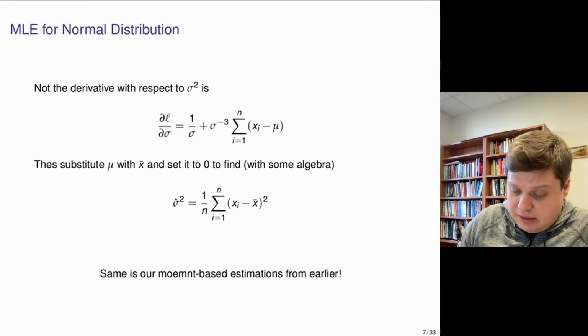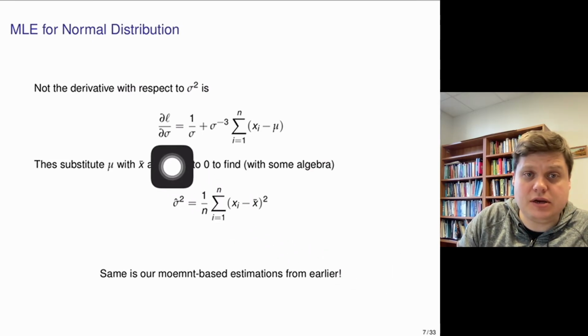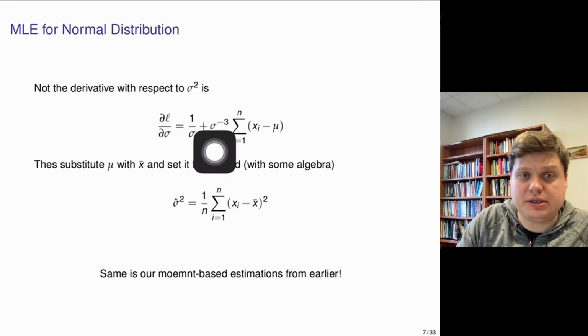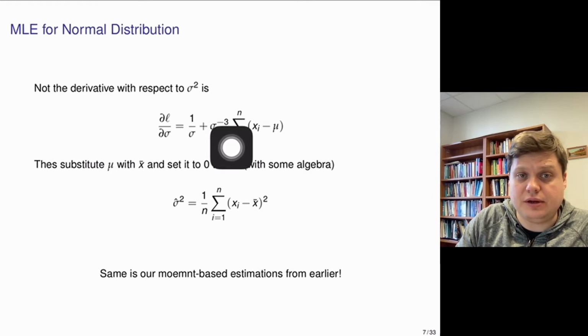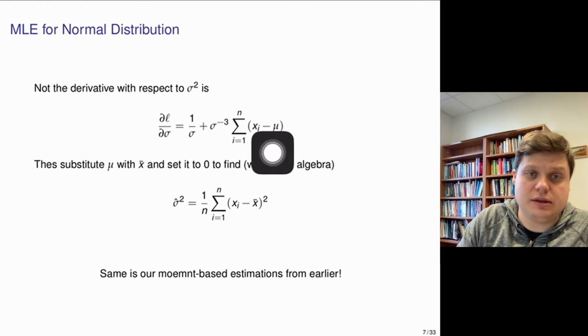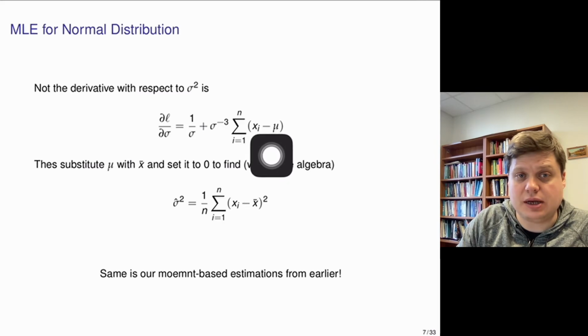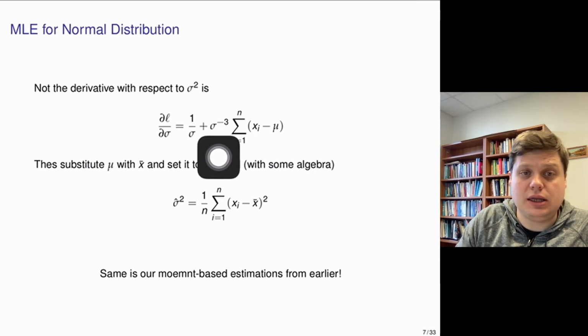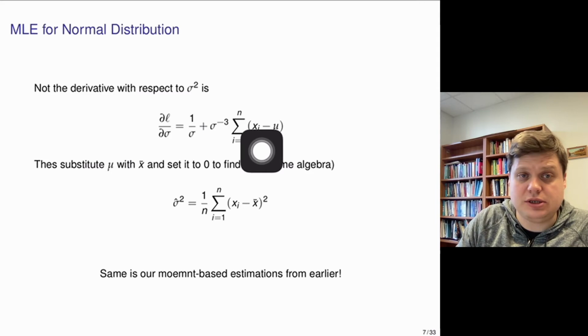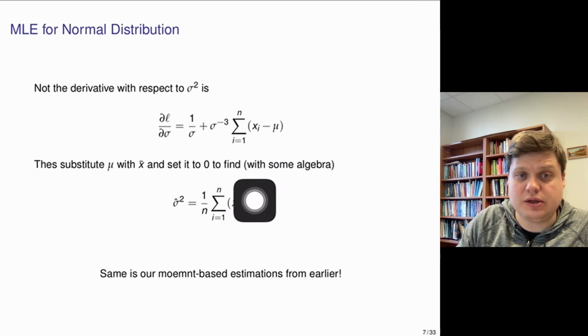And let's do the same and take the derivative with respect to sigma. So you have 1 over sigma plus sigma to the power negative 3, and then the sum of xi minus mu squared. And again, if you set this to 0 and find the value of sigma squared that leads this to 0, then you get this value, the sum of xi minus x bar squared.